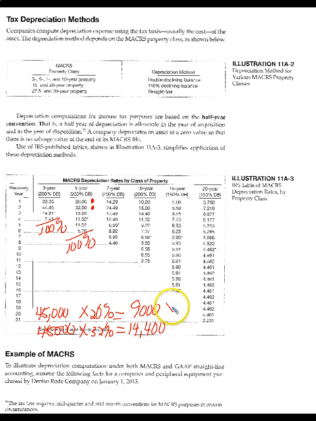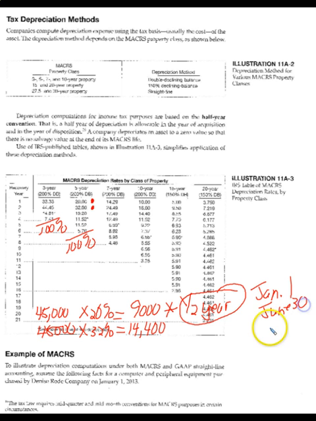Now, you have to wonder, why is the first year lower than the second year? And why do we have 6 years for a 5-year asset? The reason is that the first year we only get a half a year's depreciation. So it's called half-year convention. So for all of MACRS, it doesn't matter if I bought that piece of equipment on January 1, June 30th, or December 31st.